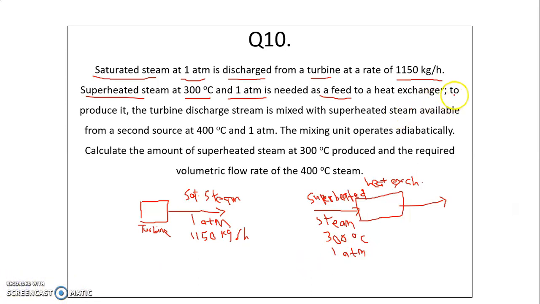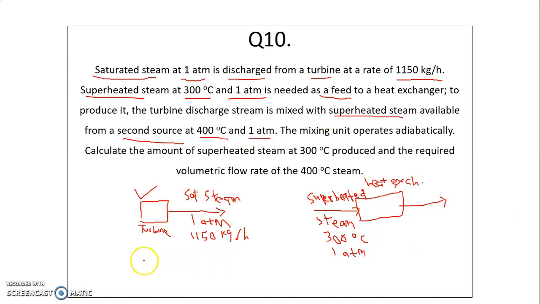Then we have this term, to produce it. In other words, to produce this second stream, the turbine discharge stream, which is this one, is mixed with superheated steam available from a second source. Second source, 400 degrees C, 180 m, superheated steam.